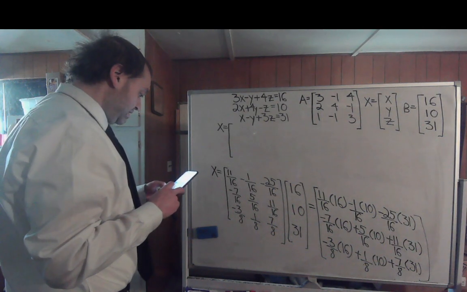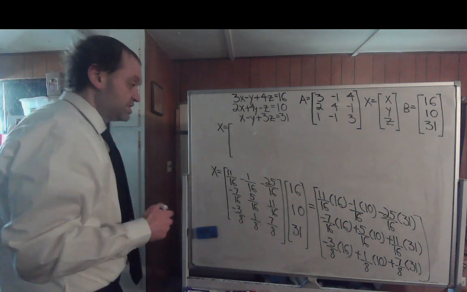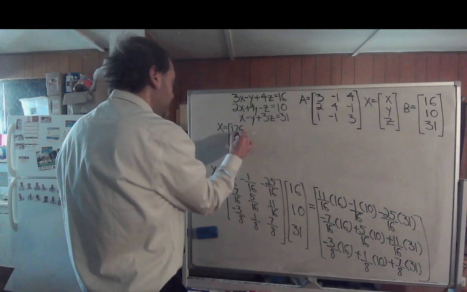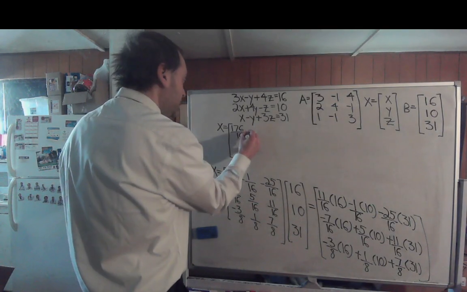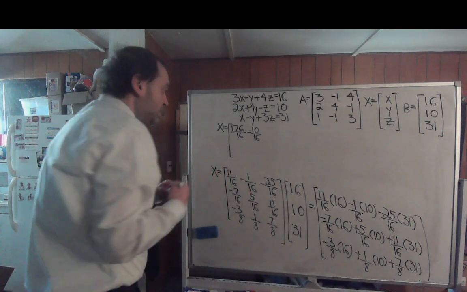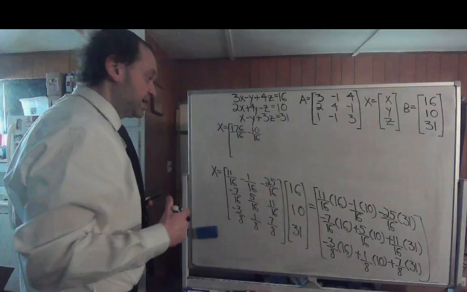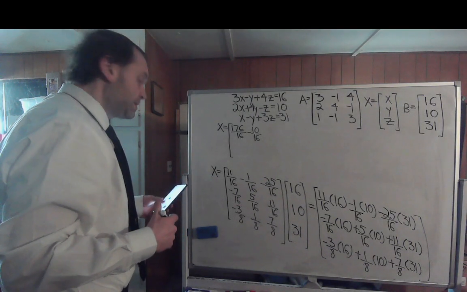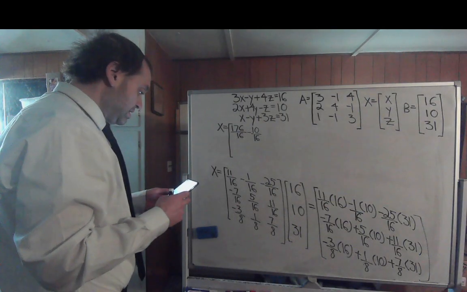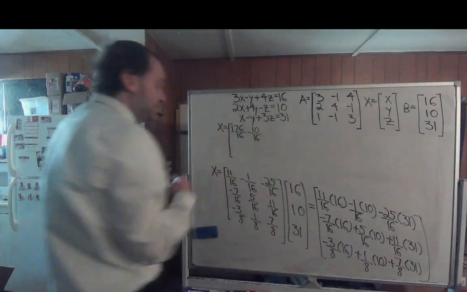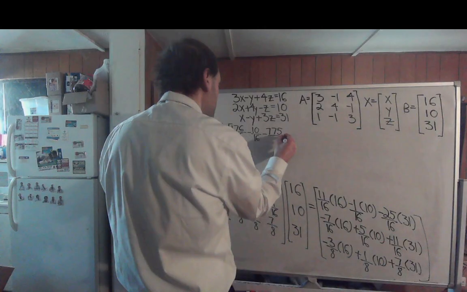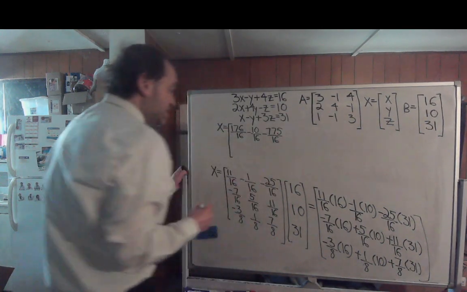So let's see, 11 times 16 gives you 176 over 16 minus 10 over 16. Good grief, let's figure out negative 25 times 31. That'd be negative, so minus 775 over 16. Second row.